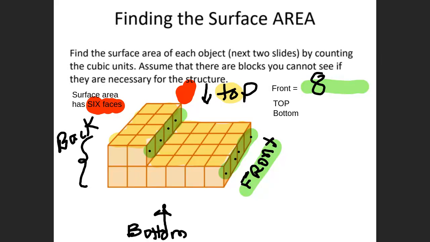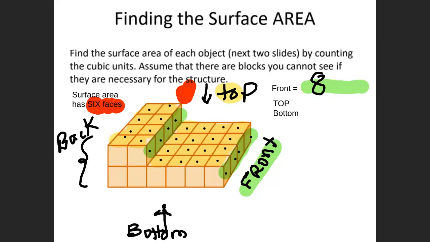Okay, now let's count the top yellow boxes. I have 1, 2, 3, 4, 5, 6, 7, 8, 9, 10, 11, 12, 13, 14, 15, 16, 17, 18, 19, 20, 21, 22, 23, 24.